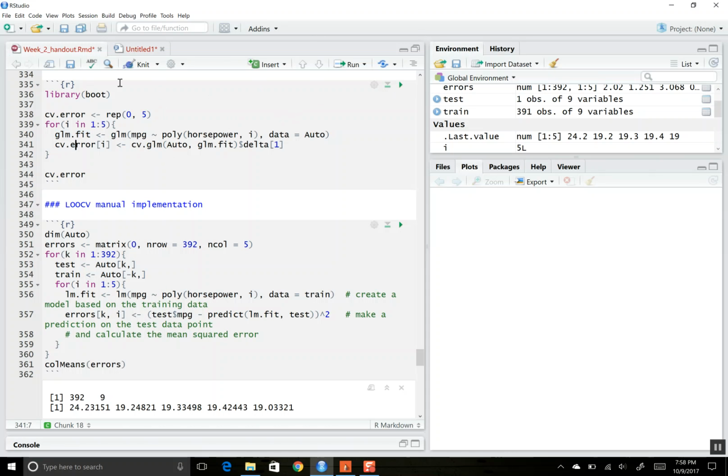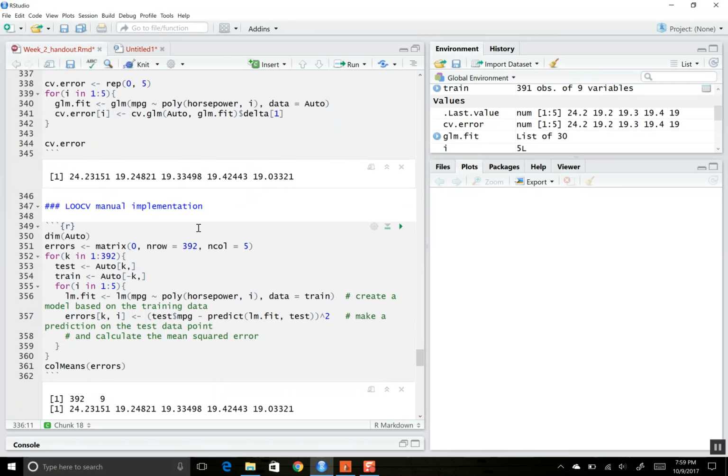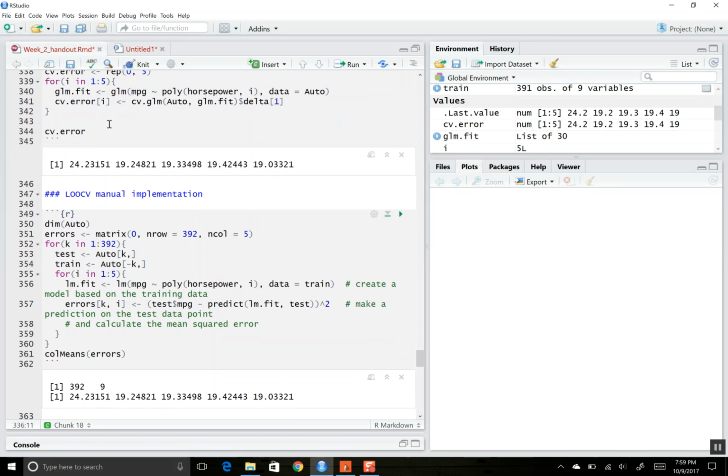This is a tool that exists inside library boot, for bootstrap. So we run that. It takes a little bit of time to run. And the values that this produces are exactly what we got.